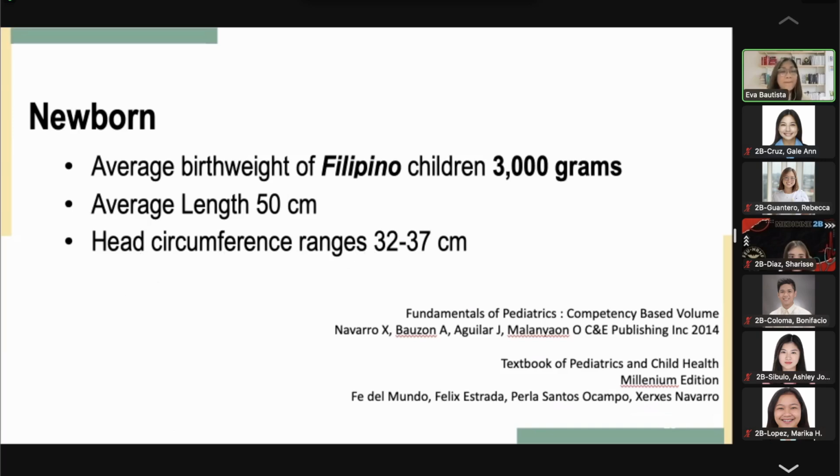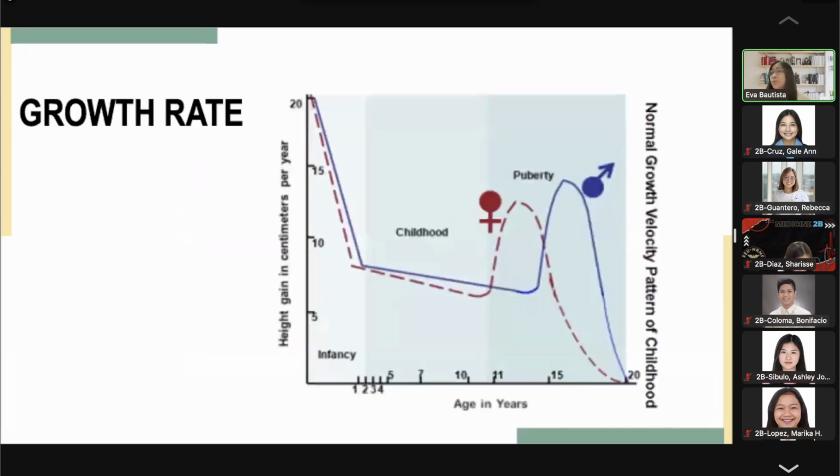So let's look at the growth rate. The individual growth rate varies greatly. The growth rate of one child may vary from a cousin or from a sibling. Children grow most rapidly during the first year of life.